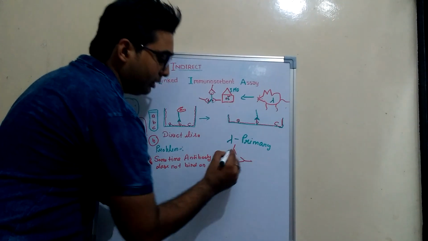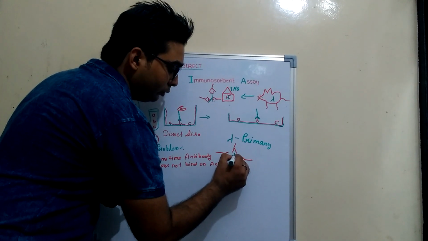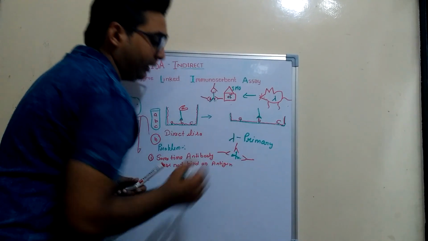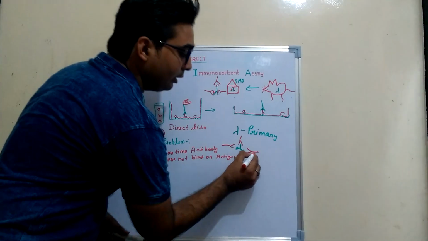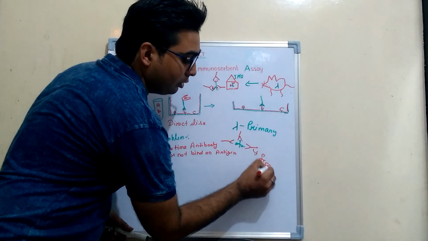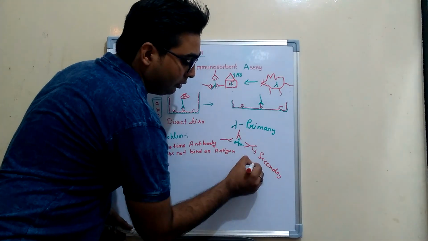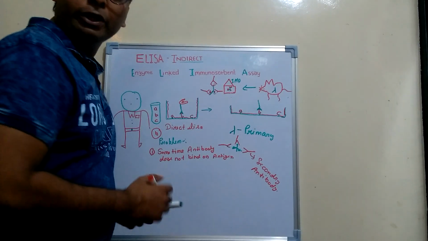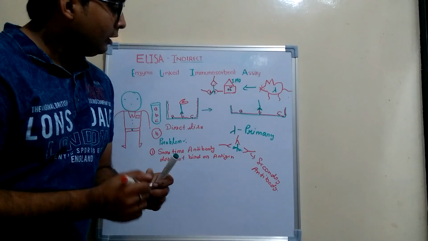That secondary antibody is produced because the primary has 3 variable domains. So this red color is the secondary antibody.